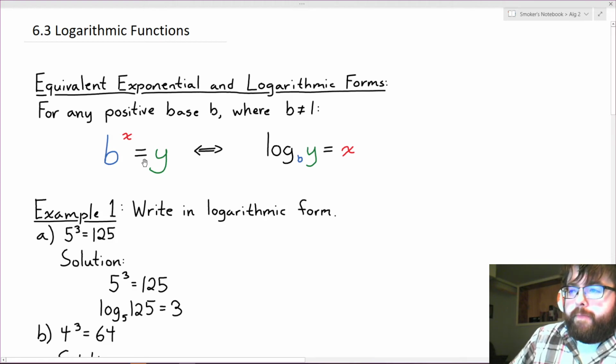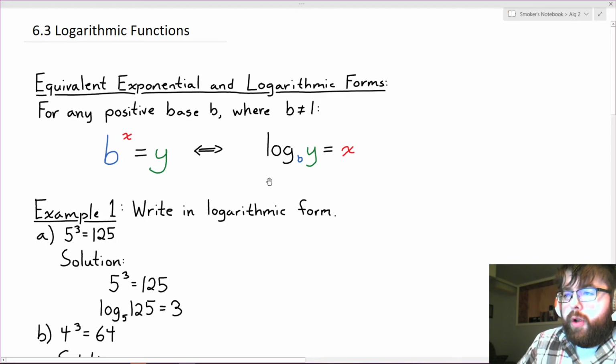The logarithmic form of this equation would be log, L-O-G, and then we put the base b, which is what's in blue here, subscripted after the log. Then whatever value we got goes here, and it is equal to the exponent.